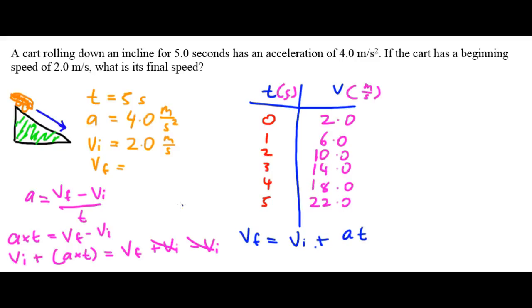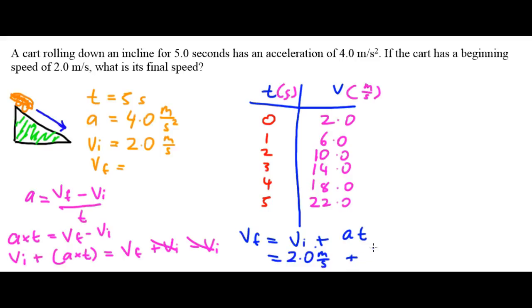So we can actually now have a look at any single spot. It doesn't matter what time, we can figure out how fast it's going right at the end. So just to prove it one more time, we were going at 2 meters per second at the start.